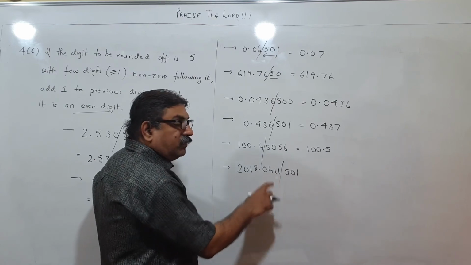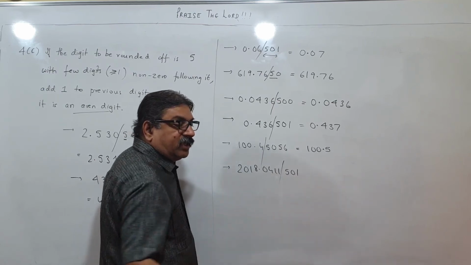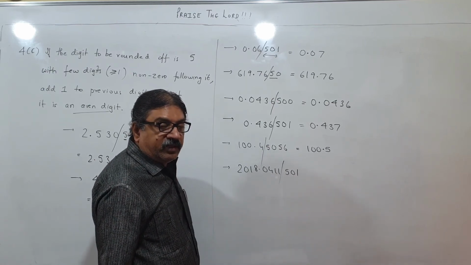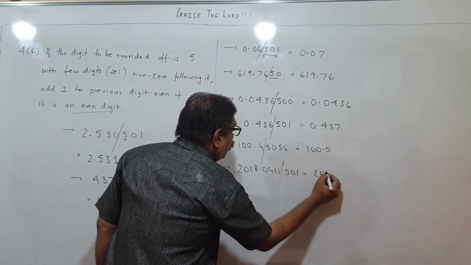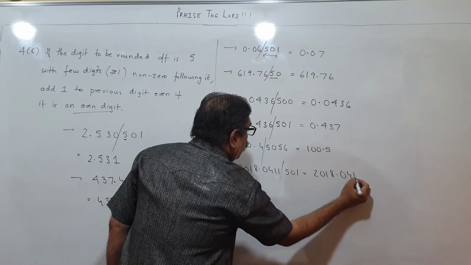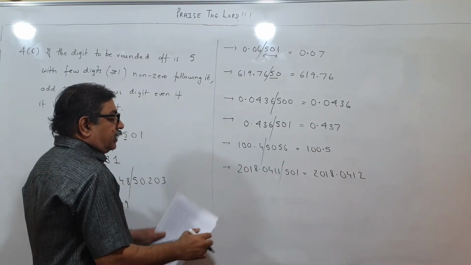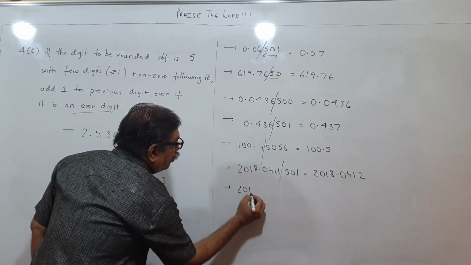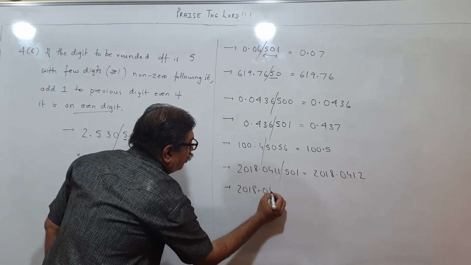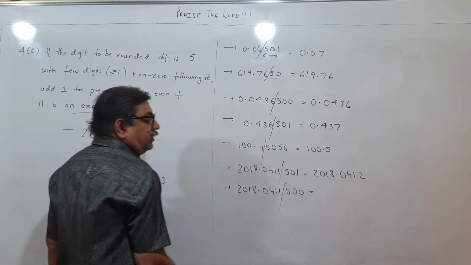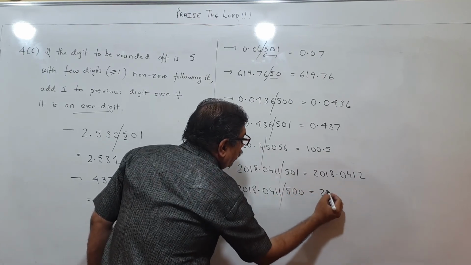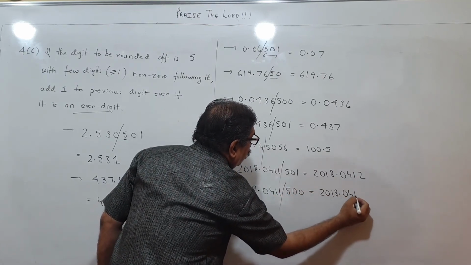But if there is an odd number, then you don't have to see whether the digits following the digit 5 are 0 or non-zero. So this becomes 2018.0412. Now, even if it had been 2018.0411,500, still you can see it would have been the same number, 2018.0412.